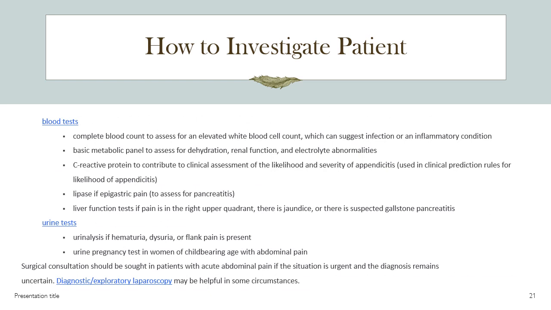So how to investigate the patient? This is very important. We have discussed the investigations along with discussing the differential diagnosis, but these are the important investigations to keep in mind while approaching abdominal pain.